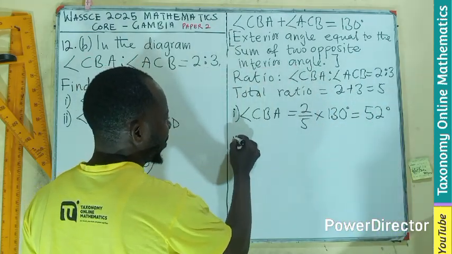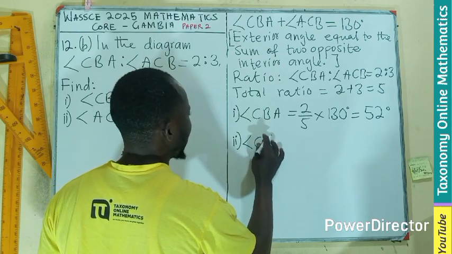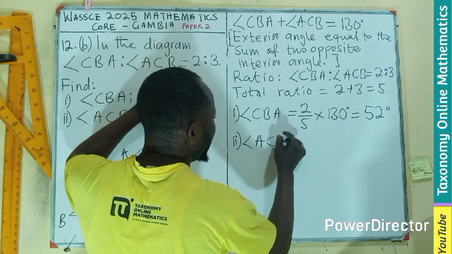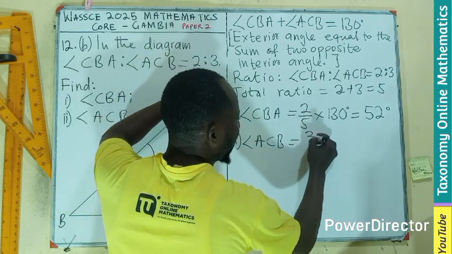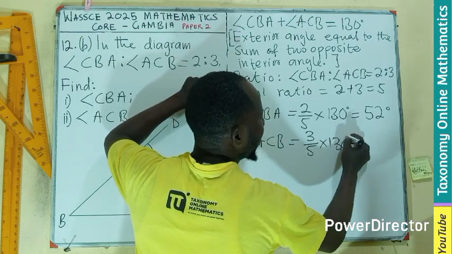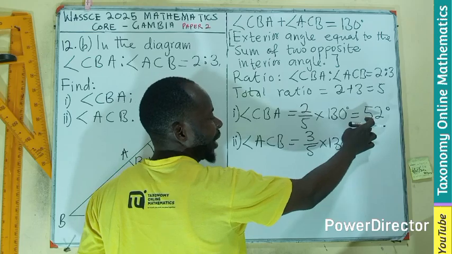Then the second angle, which is ACB, corresponds to 3 divided by the total times 130, or we can say 130 minus 52.